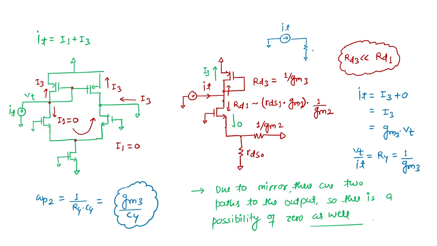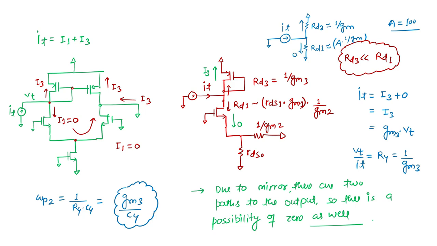One impedance it is seeing is my RD1, which is much higher, and the other impedance it is seeing is RD3, which is of the order of 1 upon GM. RD1 is of the order of the intrinsic gain times 1 upon GM. If A, which is GM RDS of transistor 1, is approximately 100 or of that order, then the complete current IT will flow this way and no current component will go the other way.